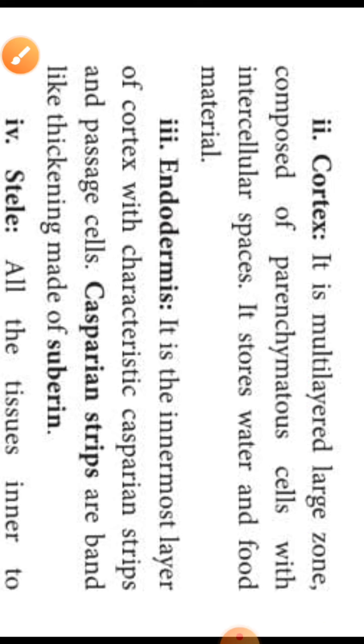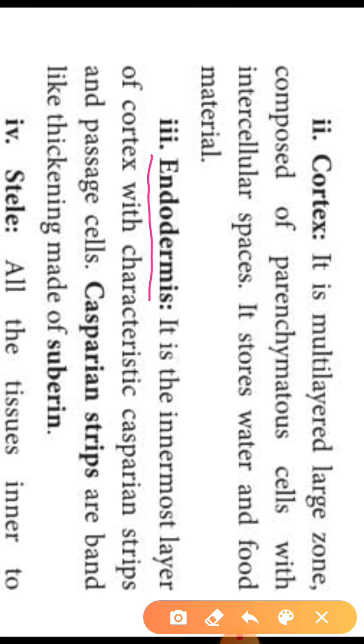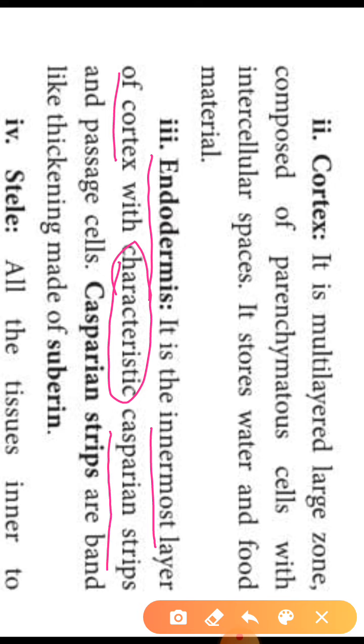Next one is endodermis. Endodermis is the innermost layer of cortex and has characteristic specialized strips, that is, Casparian strips.